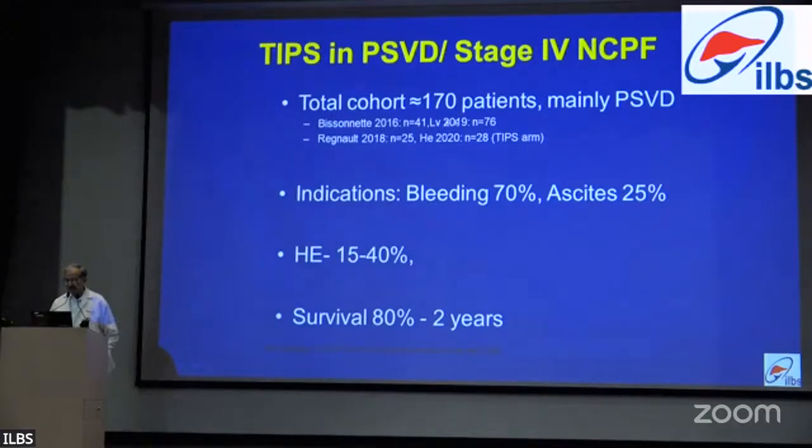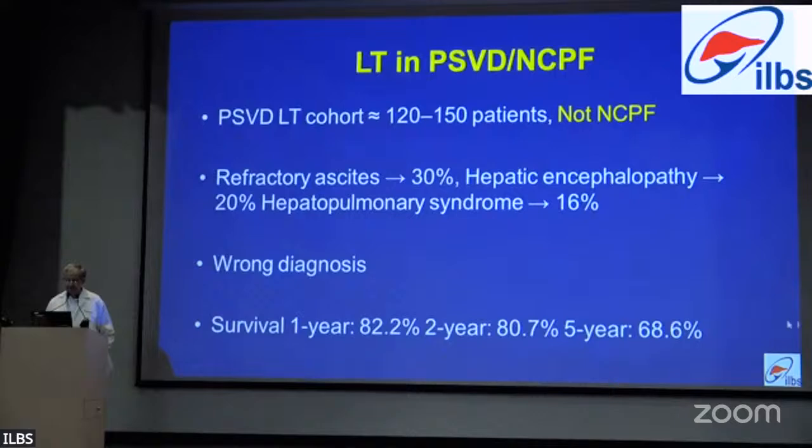The indications were bleeding and ascites, but post-TIPS they had development of HE, and the survival was 80% at 2 years. So this is an area we do not know, but let's start doing staging of NCPF and see. Also, liver transplant has not been done.